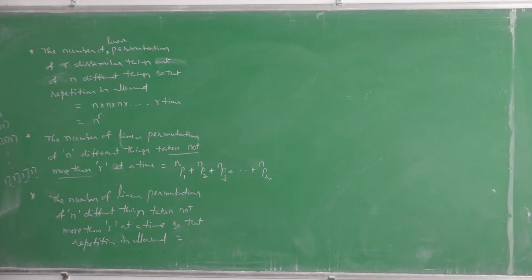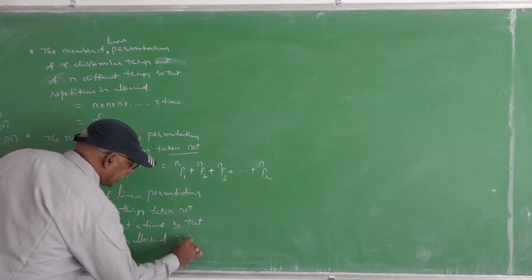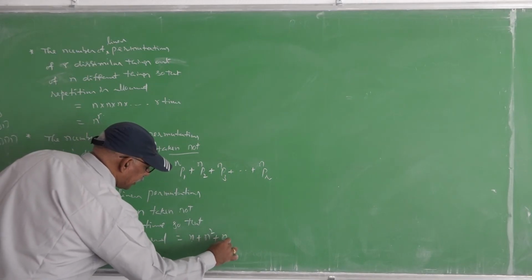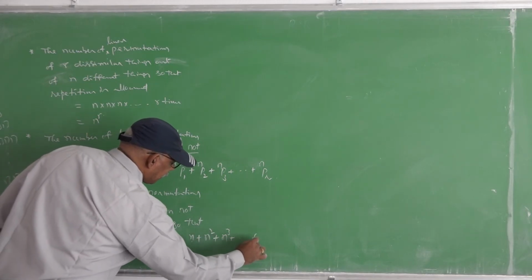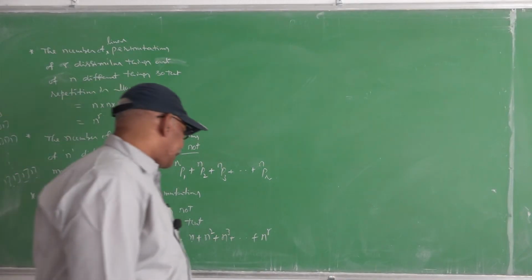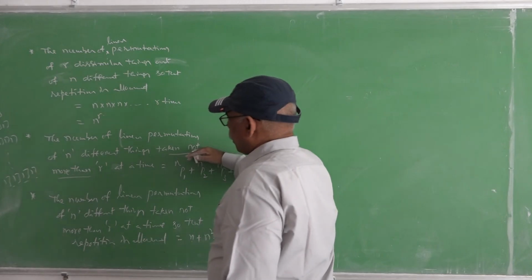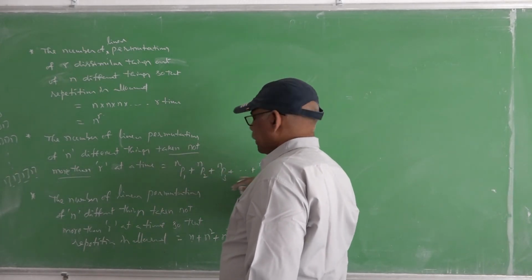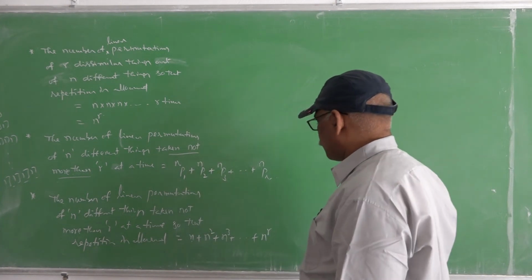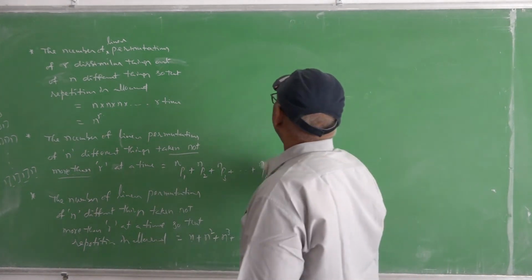Like that, it is n, next n into n, that is n square, next n cube, like that n power r. So n plus n square plus n cube and so on. If repetition is not allowed, nP1, nP2, nP3, like that. If repetition is allowed, that is n plus n square plus n cube and so on, n power r itself.